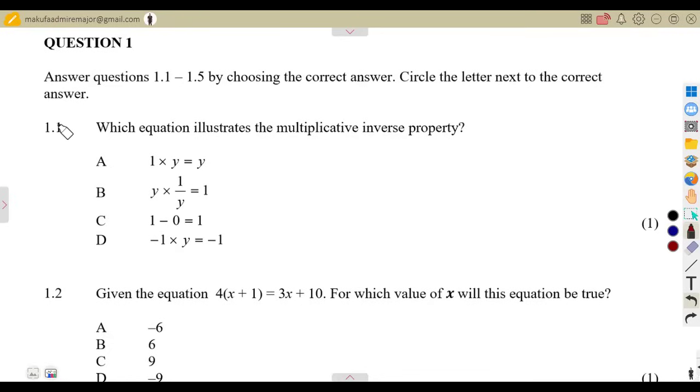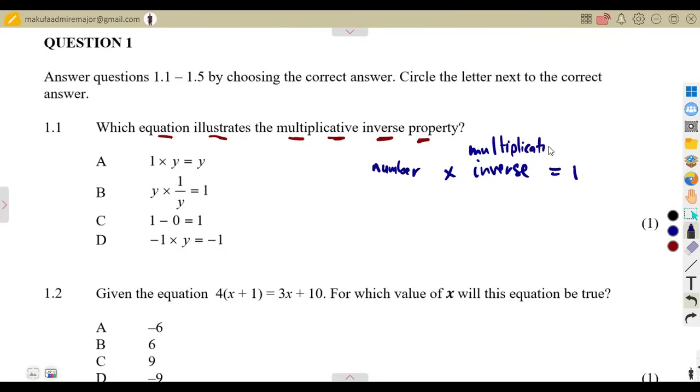All right, 1.1: which equation illustrates the multiplicative inverse property? What is it about the multiplicative inverse property? It states that when a number is multiplied by its multiplicative inverse, it must give us a 1.